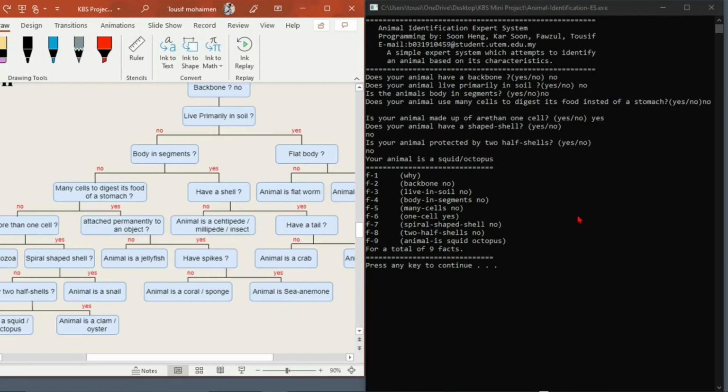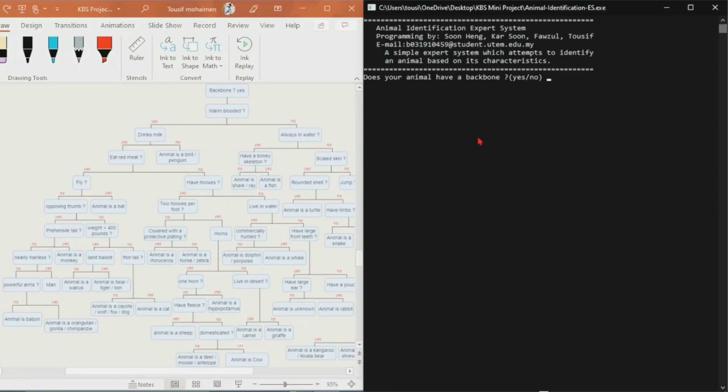I will demonstrate a different graph with different facts. For that I have to go back to the beginning. Does the animal have a backbone? Yes. Is the animal warm-blooded? Yes. Does the female of your animal nurse its young with milk? Yes. Does your animal eat red meat?